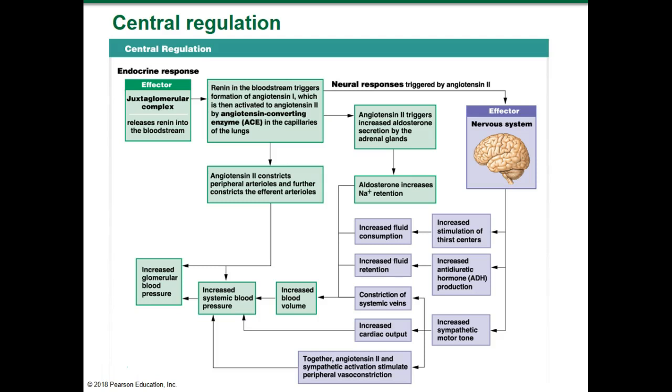Okay, now let's go the other direction. Angiotensin 2 also triggers increased aldosterone secretion by your adrenal glands. Aldosterone, as you might recall, increases sodium retention in your body, and that causes a lot of things. Increased fluid consumption. And keep in mind there are a couple of other things going on at the same time, because now you have a neural response that kicks in because of the renin.